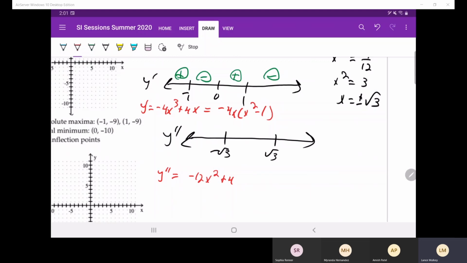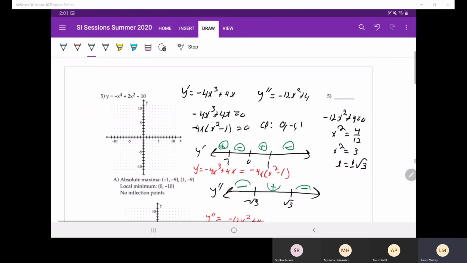So if you plug in -2, you have -48 plus 4, so that's a negative. That means concave down. You plug in 0, you get a positive. Smiley face. If you plug in regular 2, this is going to be positive anyway. It's going to do the same thing, so it's going to be negative again, concave down.